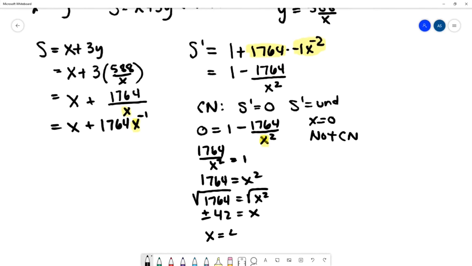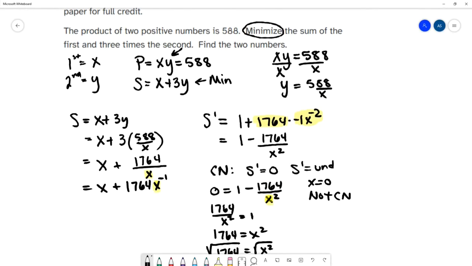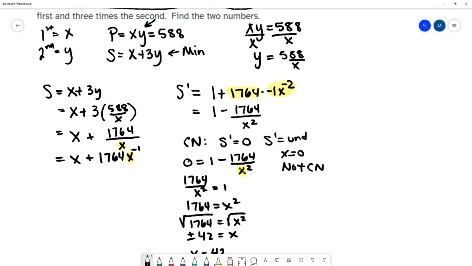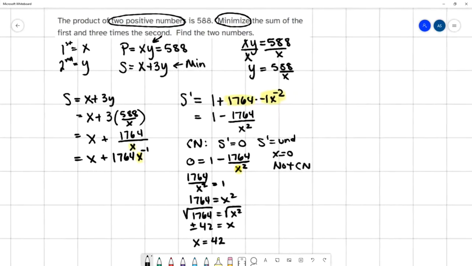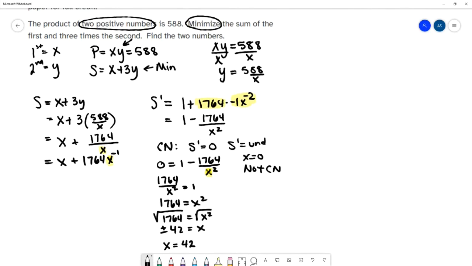I'm ignoring the negative 42 because in the directions, if I go back up here, it says that the two numbers are positive, so I can ignore that negative 42. And now I want to find out if this positive 42 is a min or a max, because if it's a min, I've found the numbers to minimize my function.